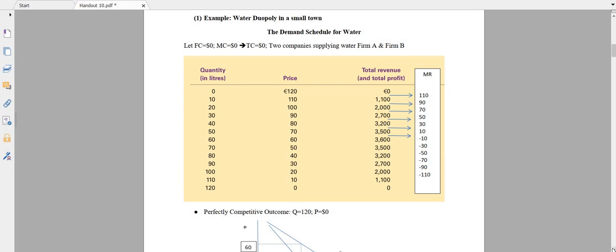I already explained to you that in the case of oligopoly, the pricing and production decisions are not made on the principle of profit maximization, right? Here, these two firms' pricing and output decisions are made strategically.